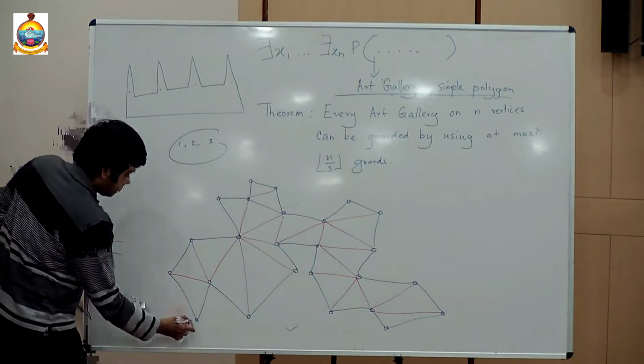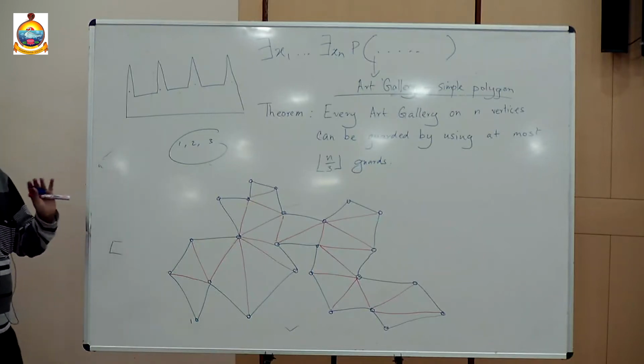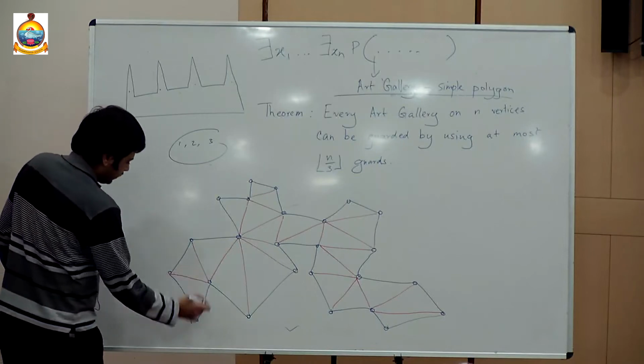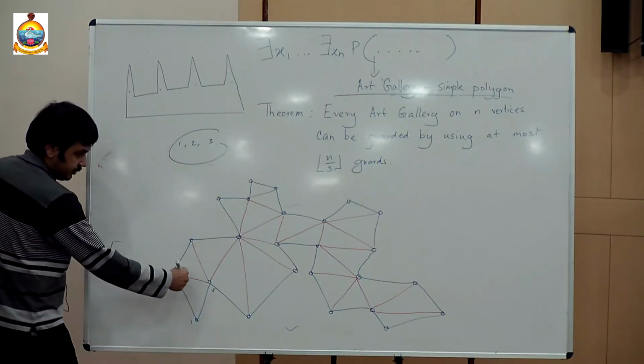So, let this be 1. Our rule is that every triangle should have 3 different colors on its 3 vertices. So, this is 1, this is 2, and here we have 3. This first triangle is colored.